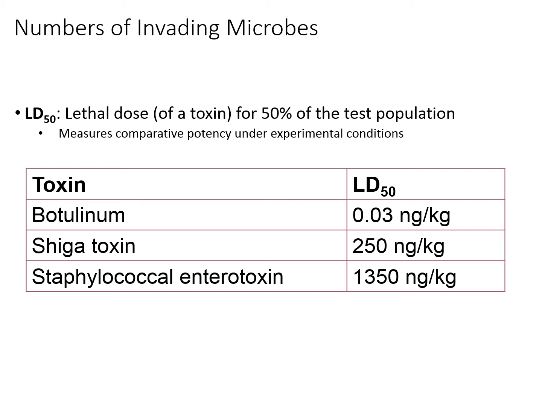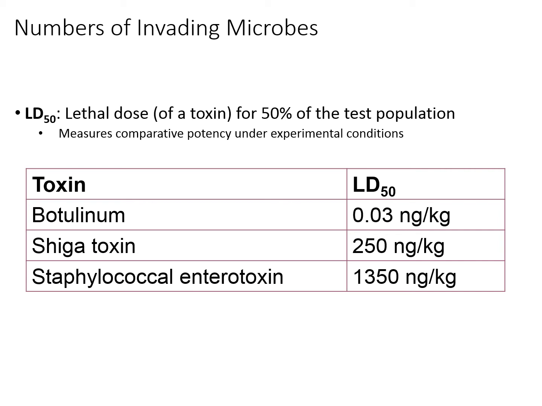botulinum, which is the toxin produced by Clostridium tetani, has an LD50 of 0.03 nanograms per kilogram. Shiga toxin, which is a toxin produced by Shigella bacteria and by some E. coli, has an LD50 of 250 nanograms per kilogram. And staphylococcal enterotoxin is a toxin that's made by Staph aureus.